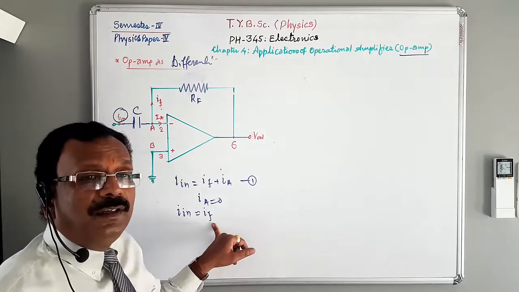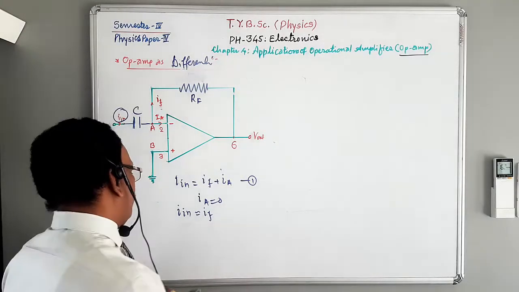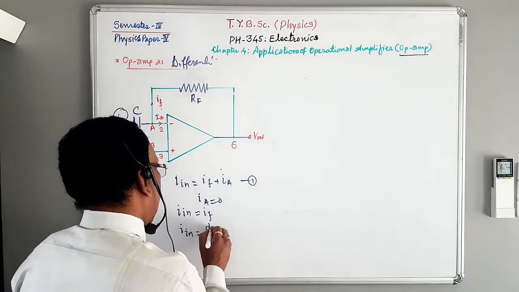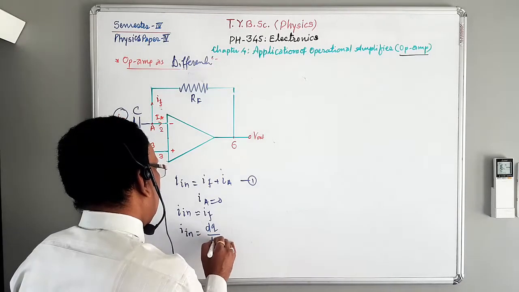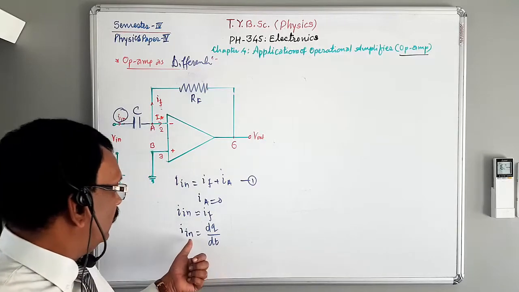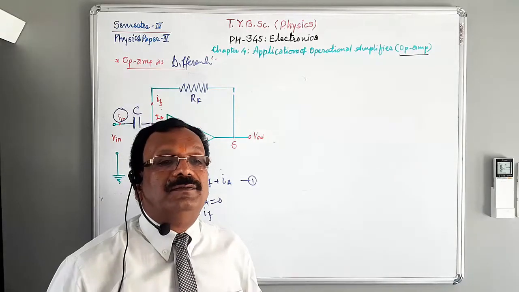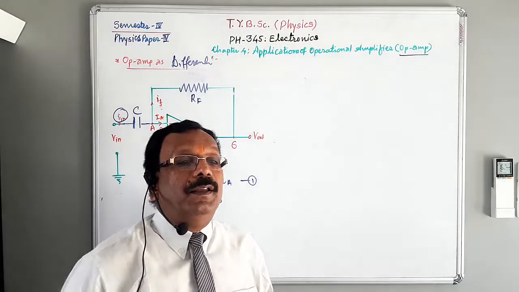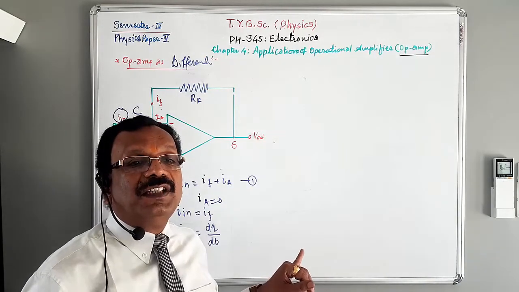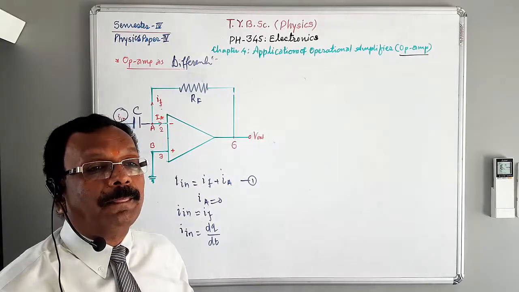Now, we already know that IF is equal to dq by dt. Therefore, IIN is equal to dq by dt, because current at input terminal is nothing but rate of flow of charge. Where dq is the change in the charge on the capacitor in the interval dt.